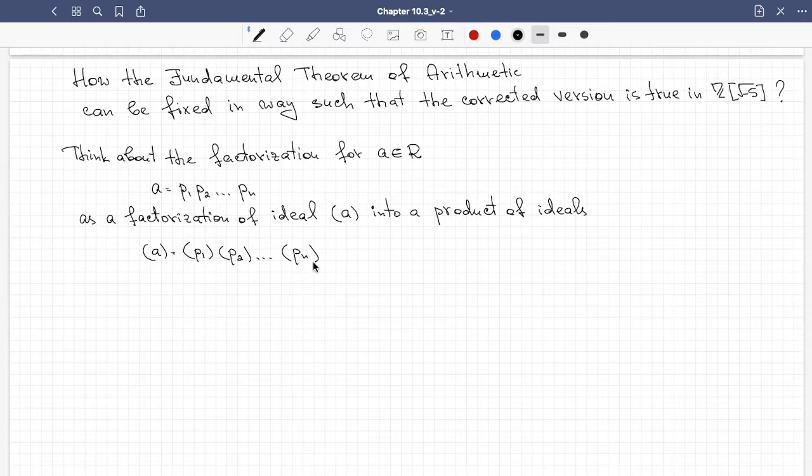We previously looked at factorization into a product of irreducibles. Now I want to drop the condition that all ideals are principal ideals. Instead, I would impose the condition that all ideals are prime ideals.